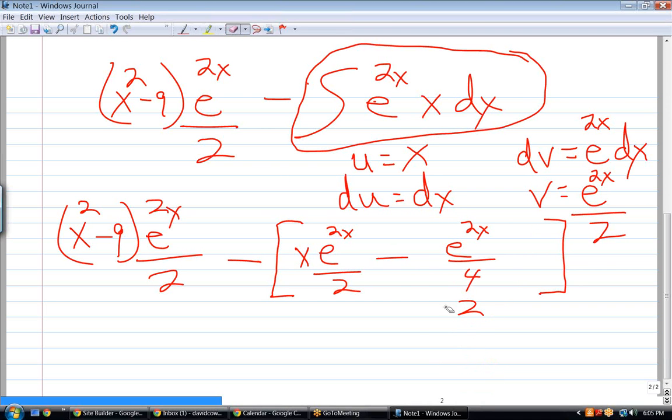Now we're ready to handle all of our negative signs. So let's remove the brackets. What happens when I remove this bracket here? This one turns positive. Okay. Now, what else can I do at this point?